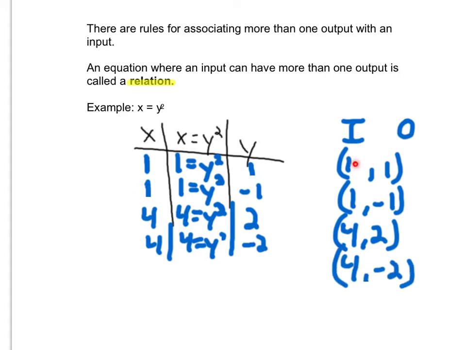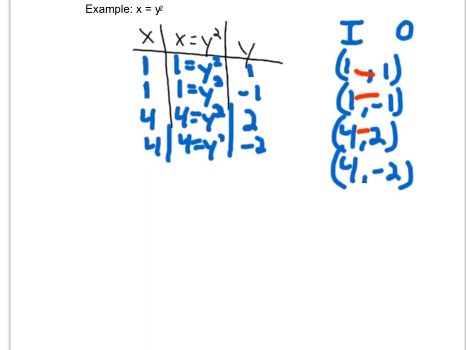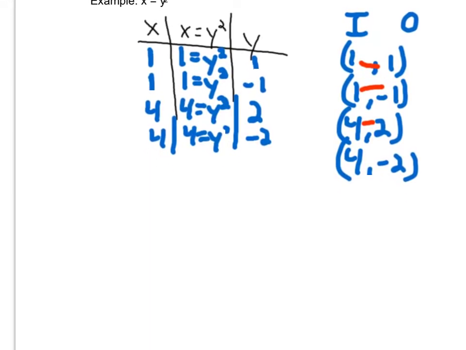My inputs, my 1s, have 2 different outputs here. And my 4s have 2 different outputs. So that means that this is not a function. And in your book, you'll see some input-output tables written like this, where they'll put an input of 1, and then they'll put another input of 4.